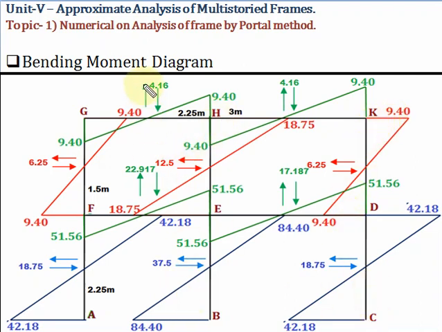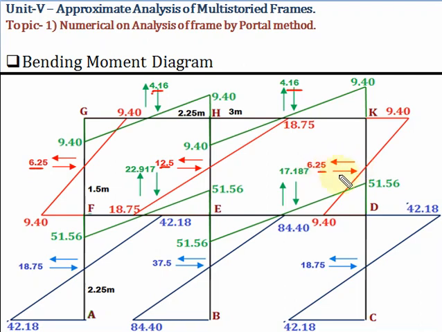Now these are the forces. This is the V1 force, that is 4.16. This is the V2 force. One thing you have to remember: for the beam you have to take the vertical force, and for the column you have to take the horizontal force. Now 6.25 is nothing but H4, 12.5 is H5, and 6.25 is H6.